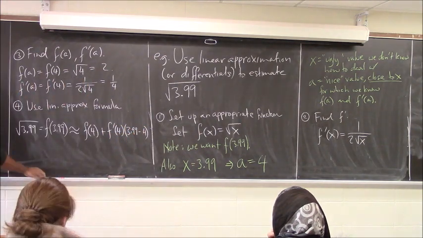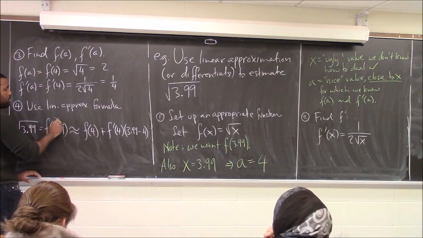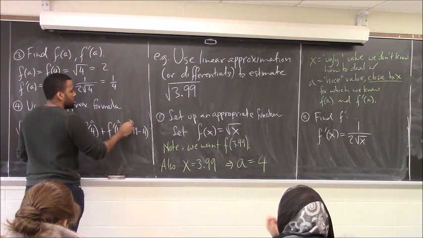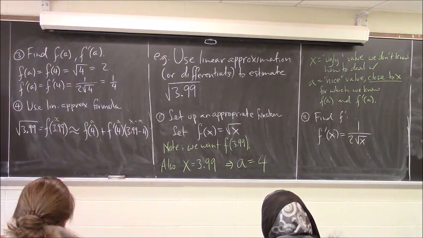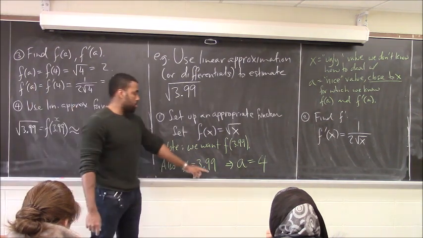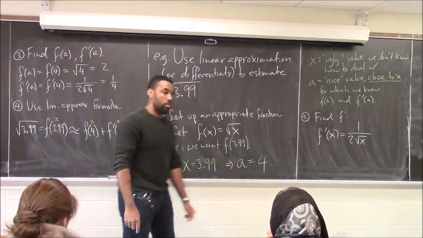This is me going into the linear approximation formula that tells me f of x is approximately equal to f of a plus f prime of a times x minus a. So I simply plug in all my x's and my a's. Everywhere I see an x, plug in 3.99. Everywhere I see an a, plug in 4.